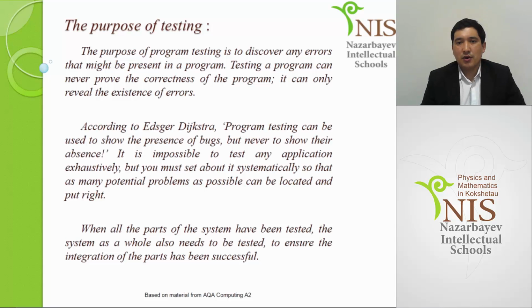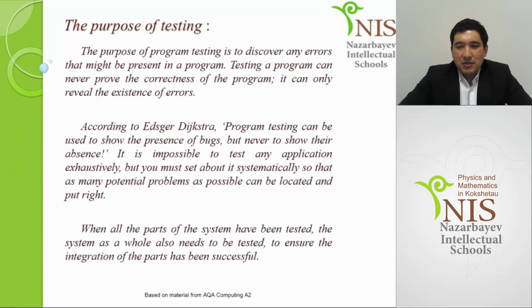The purpose of testing. The purpose of program testing is to discover any errors that might be present in a program. Testing a program can never prove the correctness of the program. It can only reveal the extent of errors. According to Edsger Dijkstra, program testing can be used to show the presence of bugs, but never to show their absence.